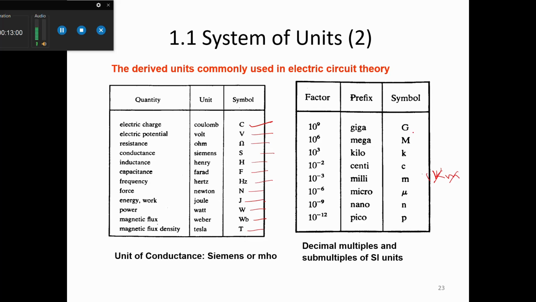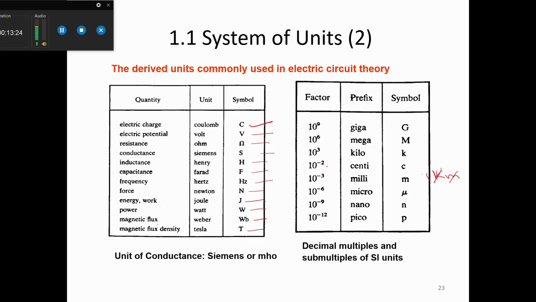So we can say that 1 millisecond is 1,000th of a second, and 1 micro is 10 raised to power minus 6, so approximately 1 in 1,000,000 of a second if we use micro as a unit.